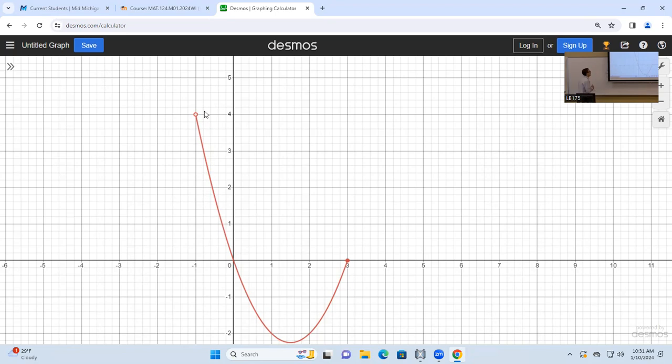So if I'm thinking about the domain, I'm going from the smallest x value to the largest x value. The x values go from -1, but remember we don't touch -1, up to an x value of 3.